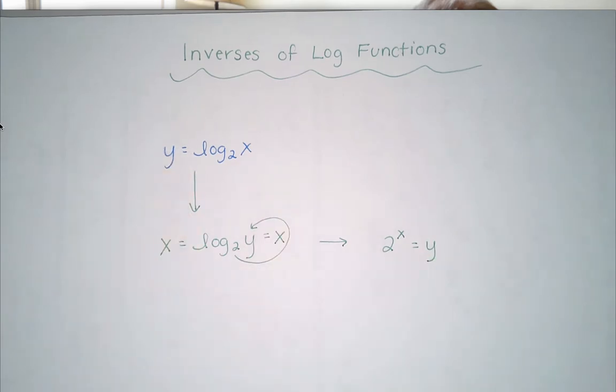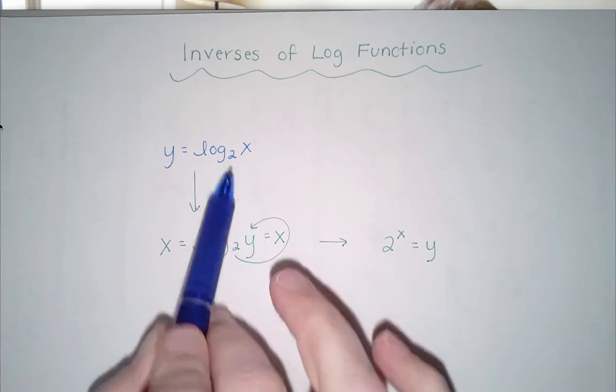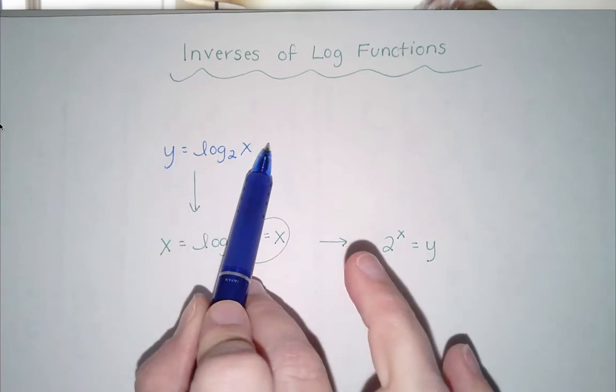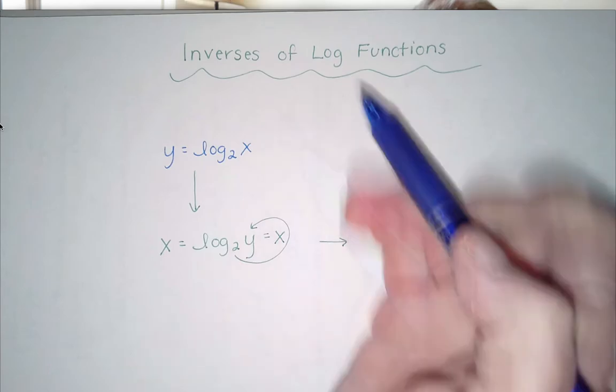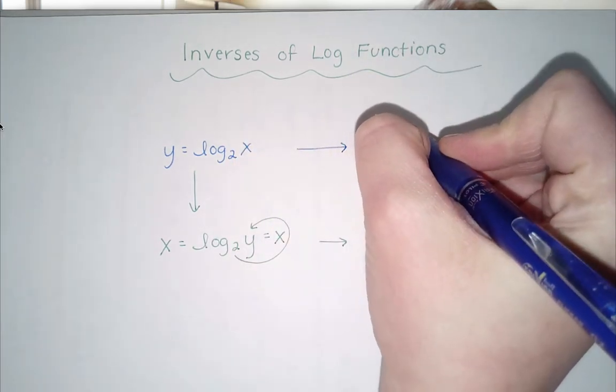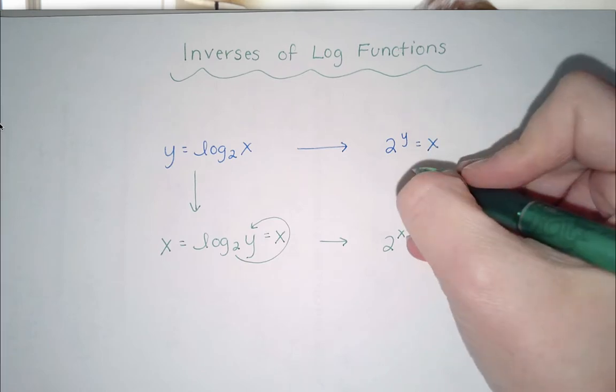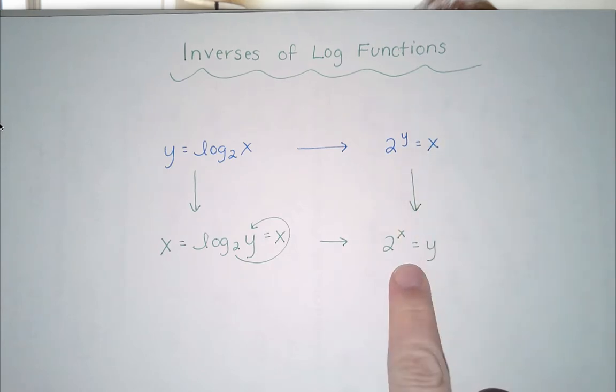The other thing I could do is put this into exponential form to begin with. Imagine the y is on this side and we circle it around. That would look like 2 to the power of y equals x. Then to make the inverse, you switch the x and the y, and it ends up looking like this thing down here.